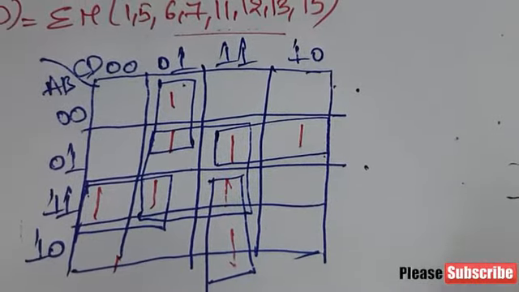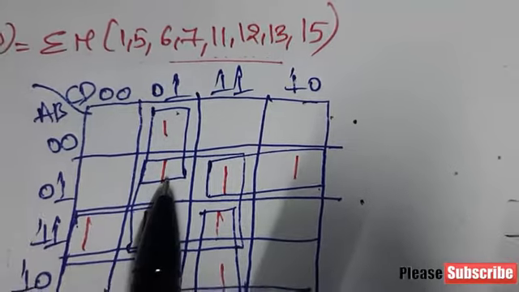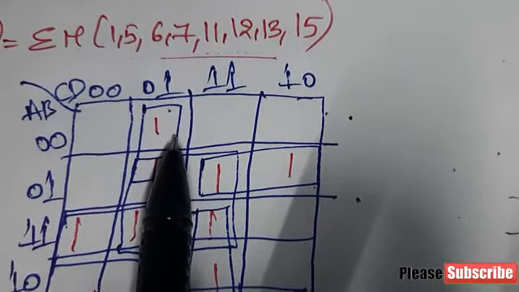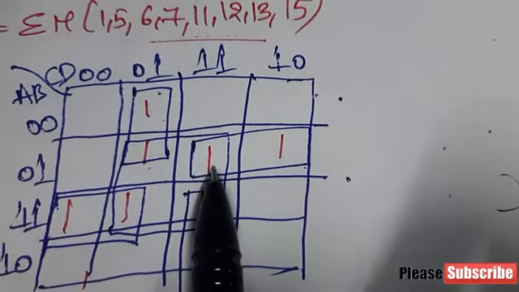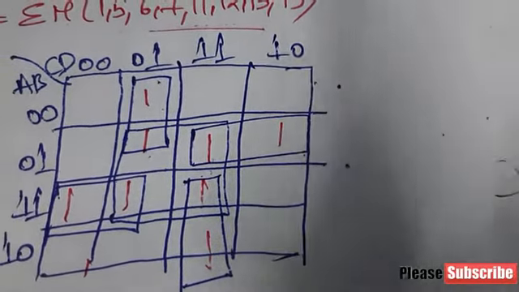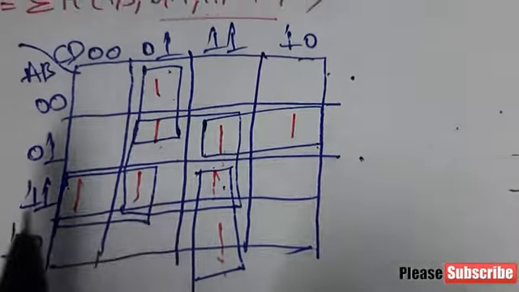Here you can observe clearly this one will be the main barrier to form a pair for this SOP form number, that means 1. This one will be the barrier to form a group for this SOP form 1. In the same way, this one is also like this, and this one is also like this.